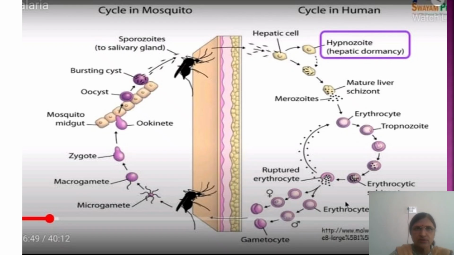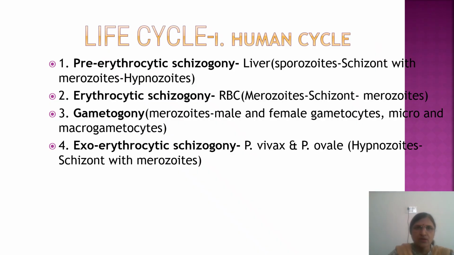So this is all about the cycle of Plasmodium in human, that is schizogony, gametogony, and in mosquito it is sporogony. A few dormant forms, that is hypnozoites, again cause relapse, and that is called exoerythrocytic schizogony. So we already saw in the human cycle there are mainly two: pre-erythrocytic schizogony and erythrocytic schizogony, then gametogony, and in vivax and ovale you may see exoerythrocytic schizogony, that is hypnozoites will again mature into the schizont form with merozoites.